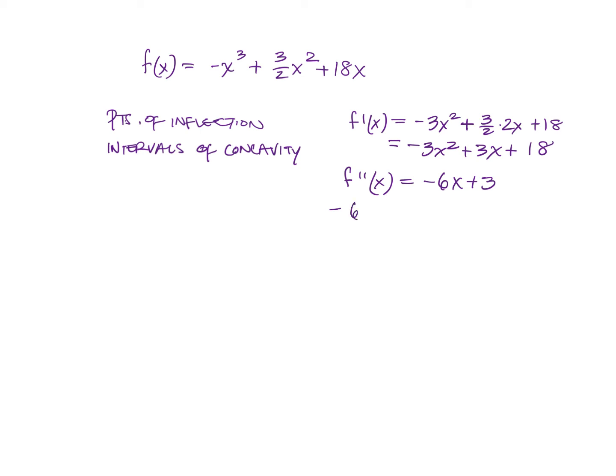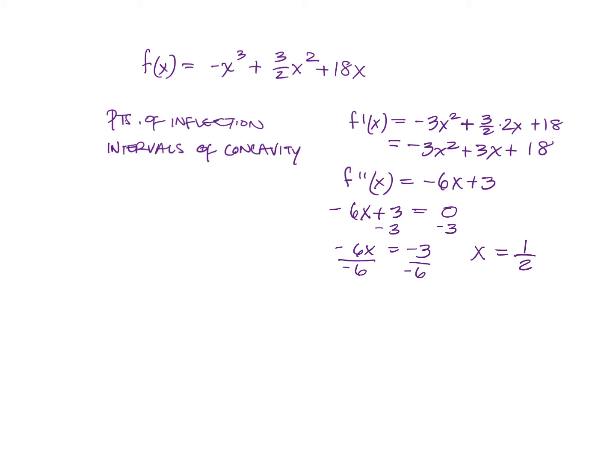So I'm going to set negative 6x plus 3 equal to 0. Then I'm going to subtract 3 from both sides, and I get negative 6x equals negative 3. And then I'm going to divide both sides by negative 6, and I get x equals positive 1/2, if I simplify that. So positive 1/2 is our only possible point of inflection.